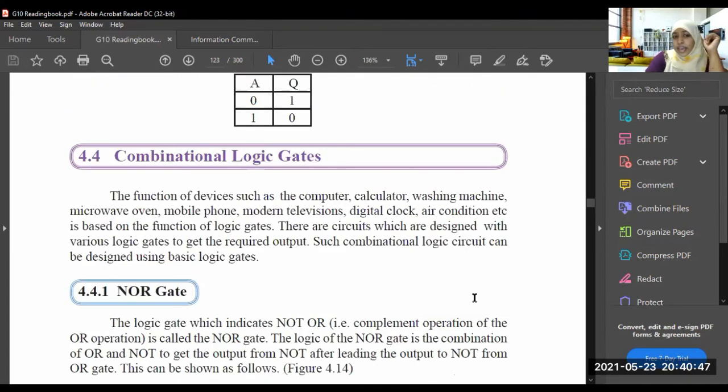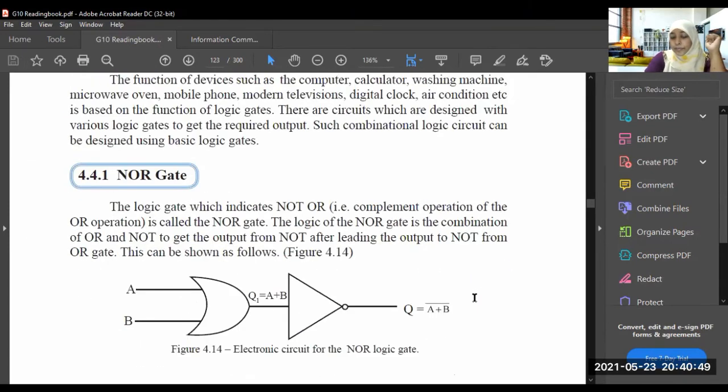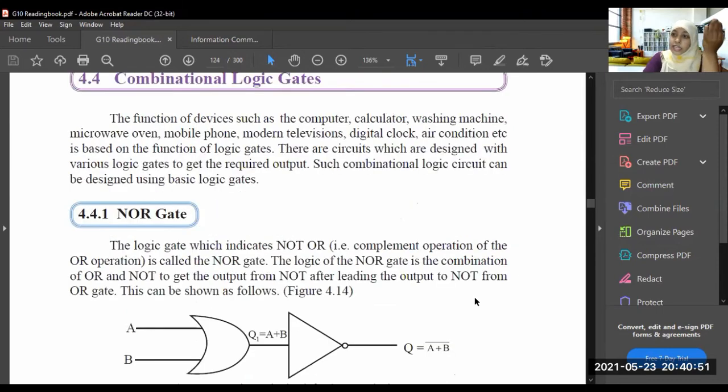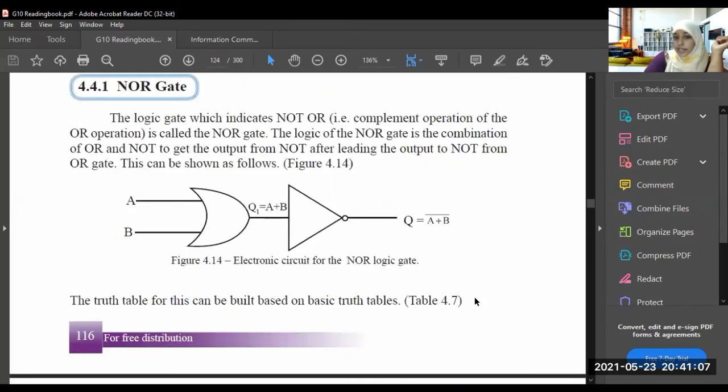Combinational gate, nothing is there. Now we have already learned 3 basic gates. From these 3 basic gates, 2 basic gates are getting together, then a combinational gate will be created like this. Now what is this gate?